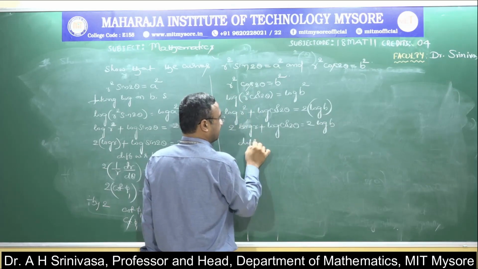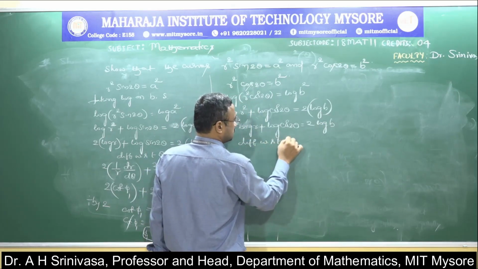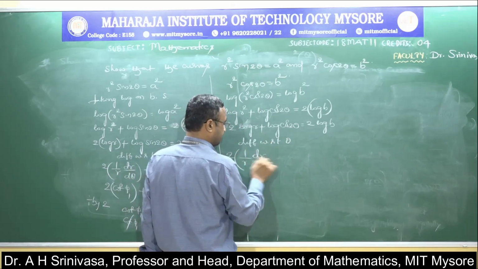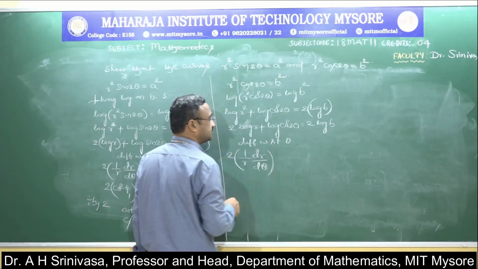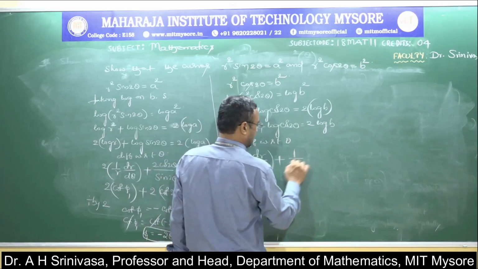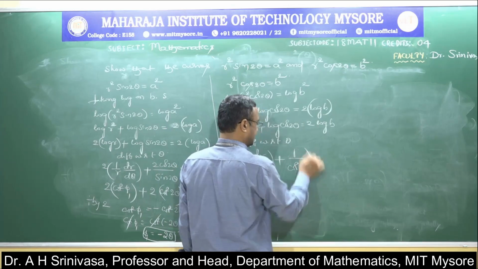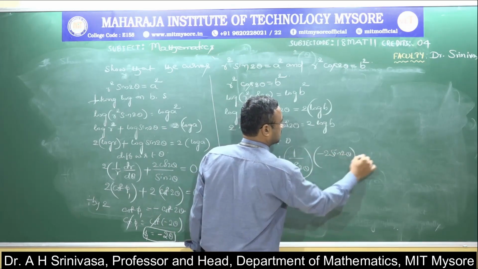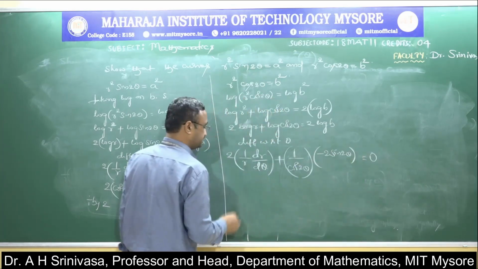Now differentiate with respect to theta. This becomes 2 times 1 by r dr by d theta. Now the differentiation of this one is 1 by cos 2 theta into minus 2 sin 2 theta, which should be equal to 0.